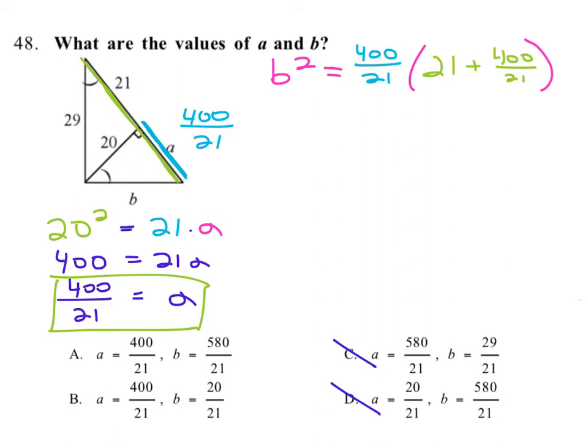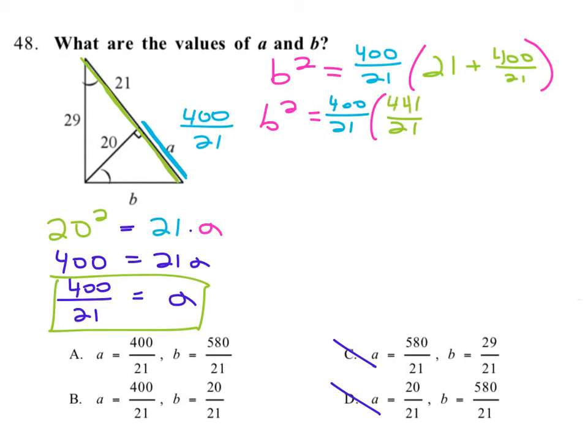Now, in order to do what we want to do in parentheses, which is to add those values together, we need to change this into a common denominator. So we've got 400 over 21 times, and let's do what's 21 times 21, 441.